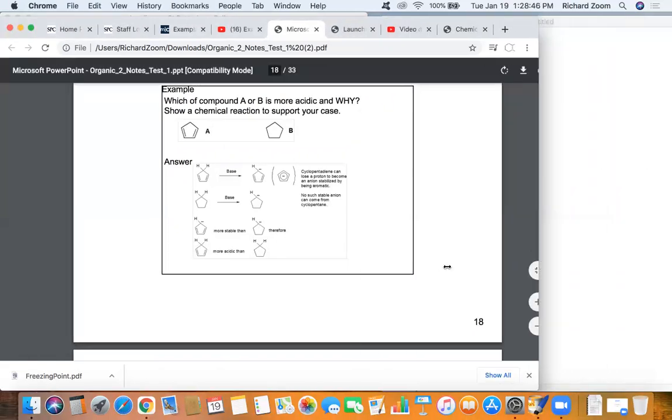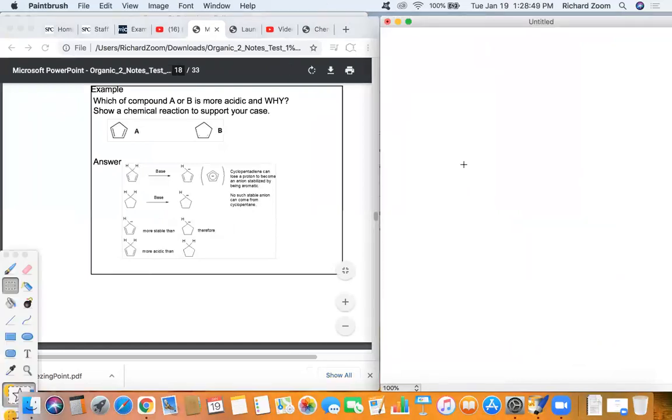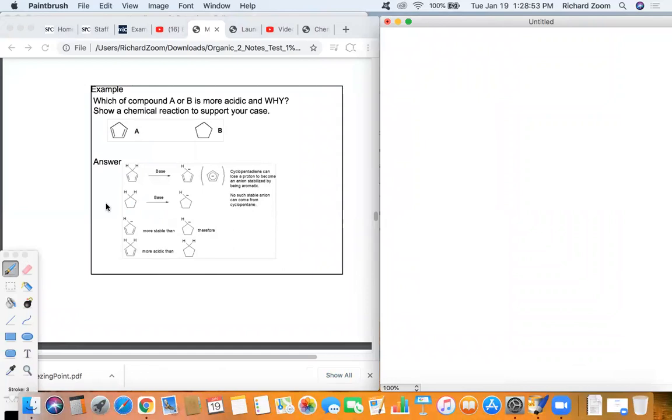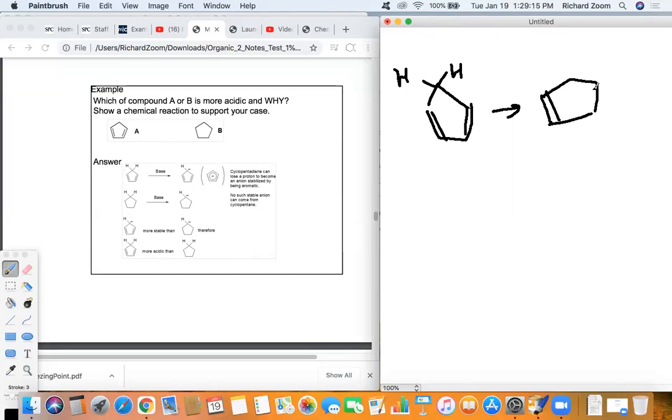acidity is the ability to produce an H+. So when we look at both of these compounds and we investigate what happens when we lose a hydrogen, it's the same deal on the other one as well.